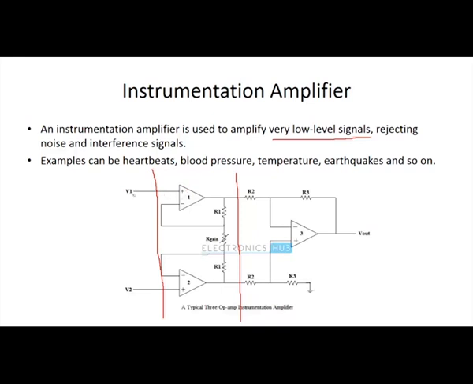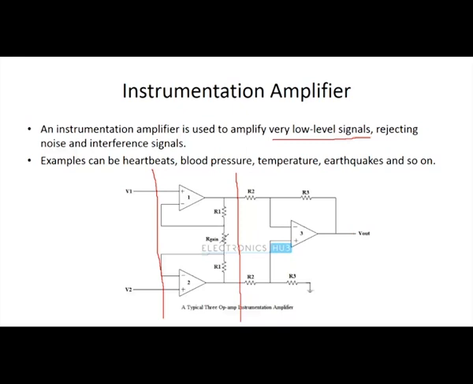So, it amplifies the signal and gives it to the differential amplifier circuit. These two amplifiers act as a buffer and have high input impedance, so no signal will be dropped here. Whatever signal is given at the input appears amplified at the output of the differential amplifier.